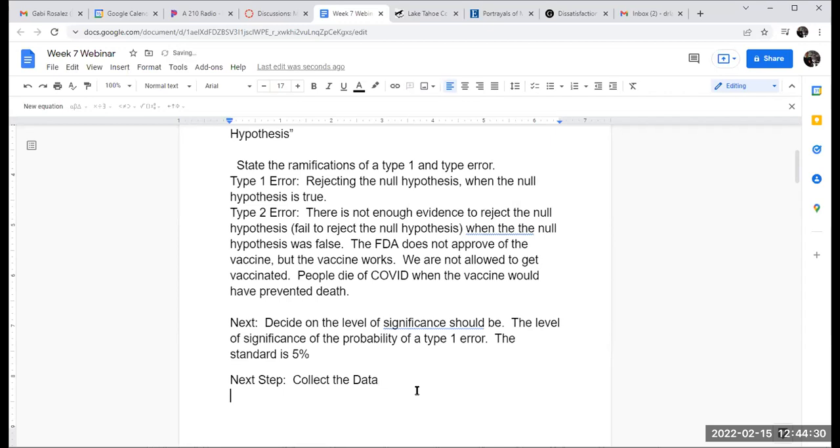Okay, the next step: put the data into the computer and calculate the p-value. Now again, I don't expect you to know what I just wrote or to understand it, but let me explain what this is.